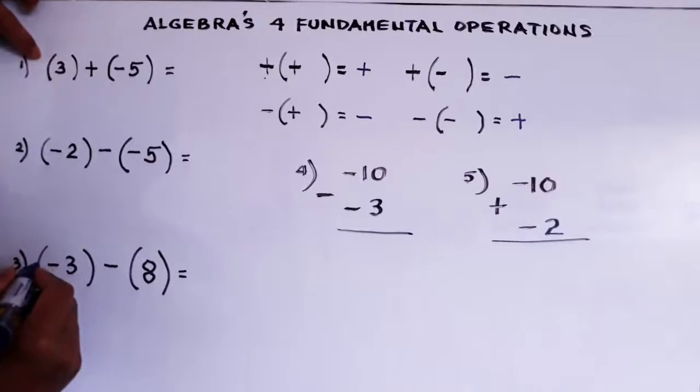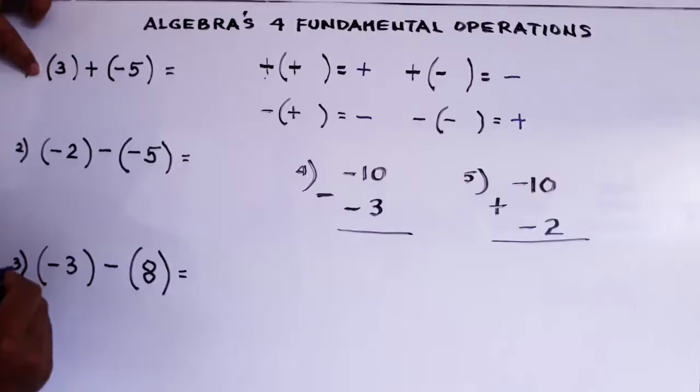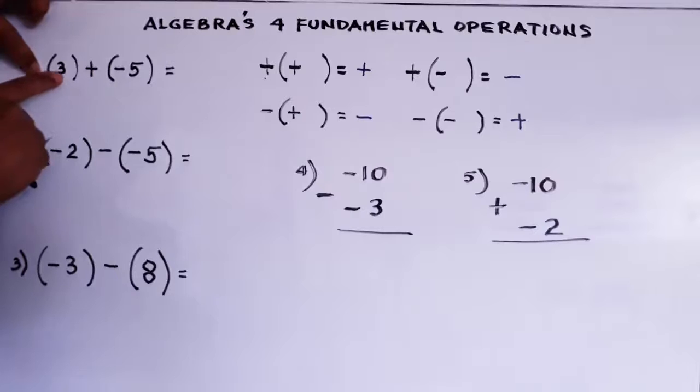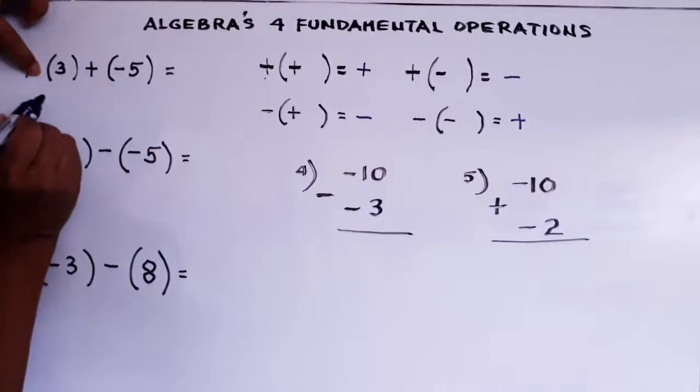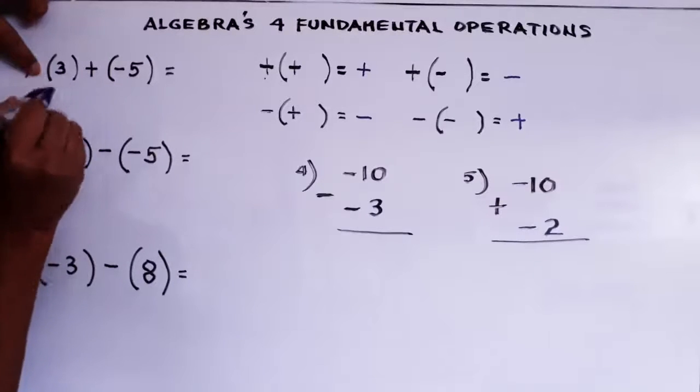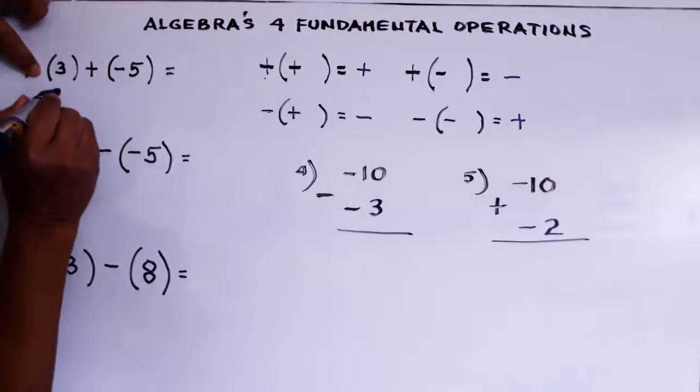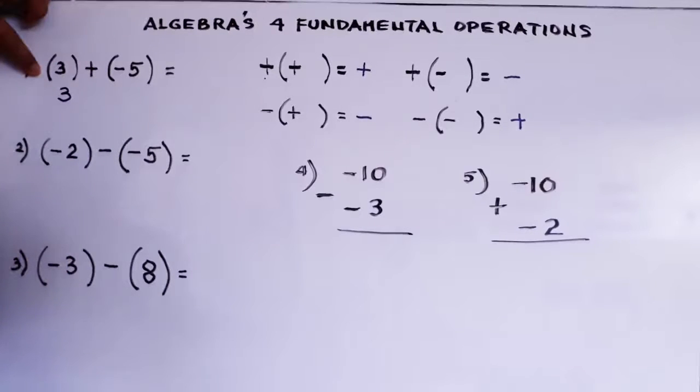This one is preceded by what? A plus. So this plus will not care about the sign of the 3 when they combine. What is the sign of the 3? It's positive. So it will remain positive when we remove the parentheses. So this one would be 3. We will not write the positive anymore.